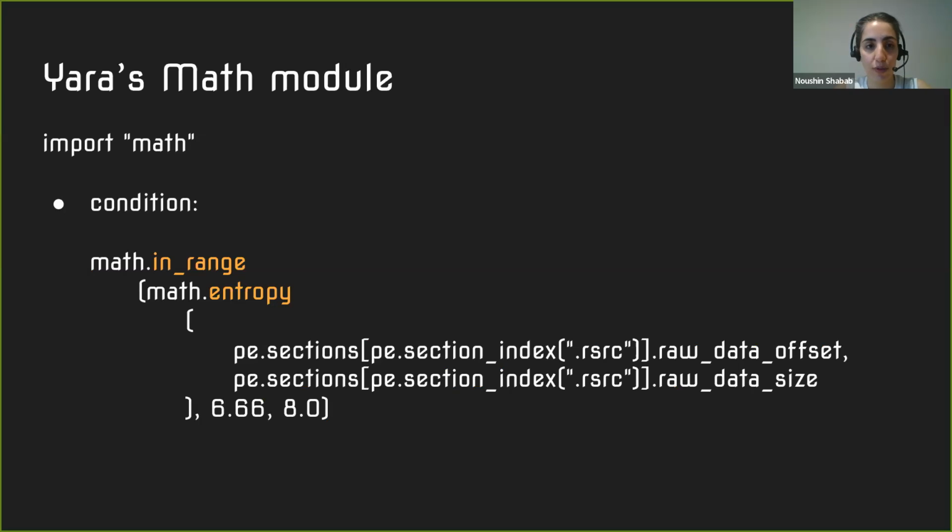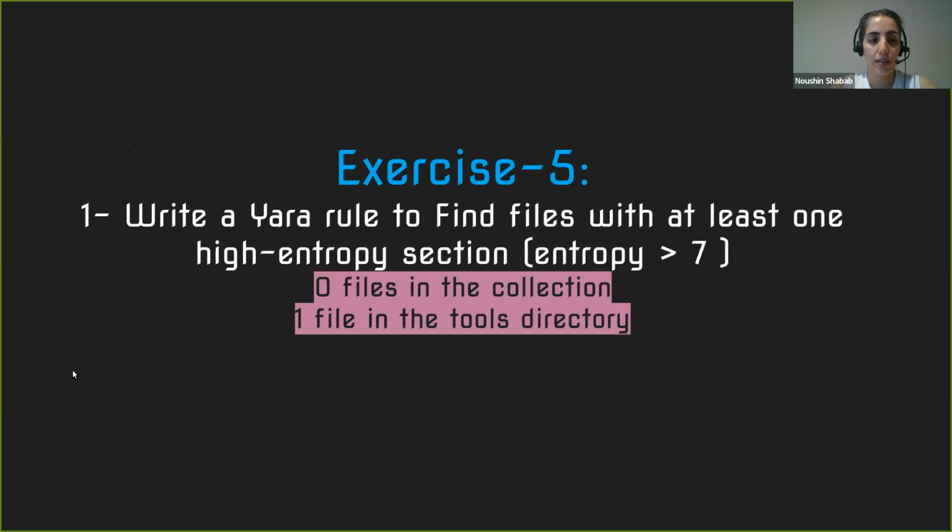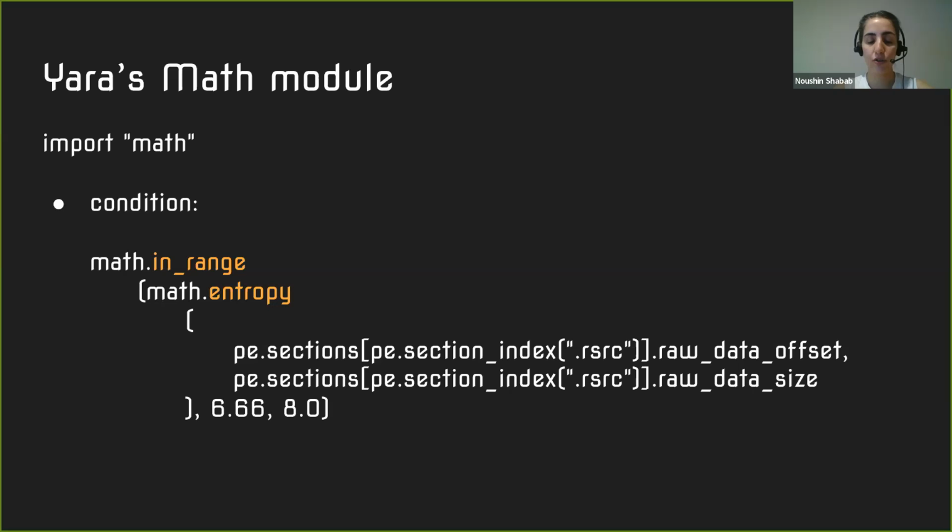Another module that could be useful is the math module. What this does is it can help with checking the entropy. I'll talk about entropy a little bit here. Entropy shows the variation of bytes in the sequence that they are present in the file.